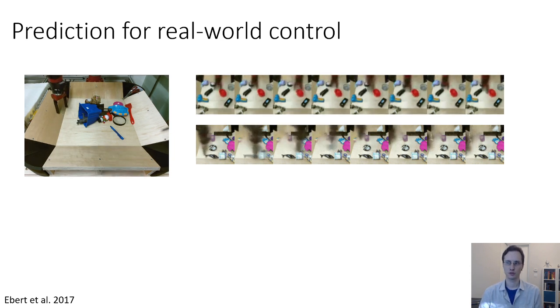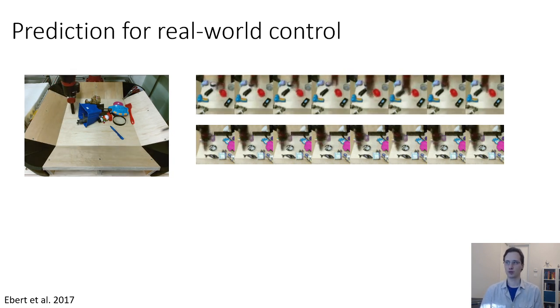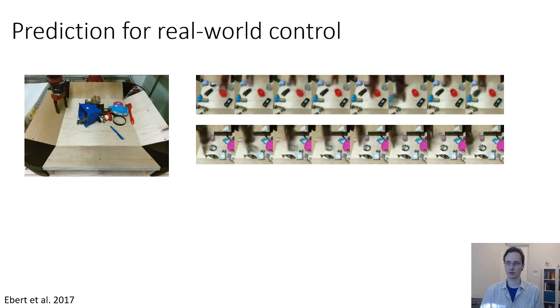So each row in this illustration starts from the same starting image, but predicts the outcome for different actions. And this particular model is directly predicting the pixels that the robot will see. So it's predicting that if in the top row, the robot arm moves up, those are the pixels. If it moves down, the pixels are different, and so on. And of course, as you can see in the bottom row, it correctly predicts that if the arm moves to the right, then it will also push some objects.